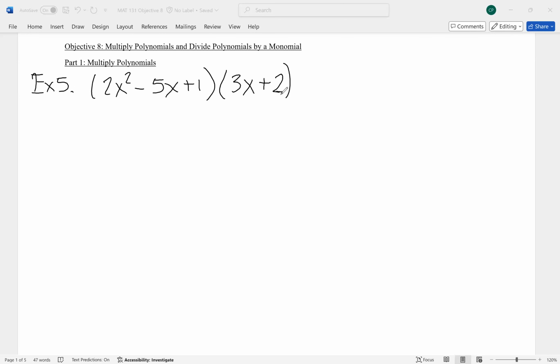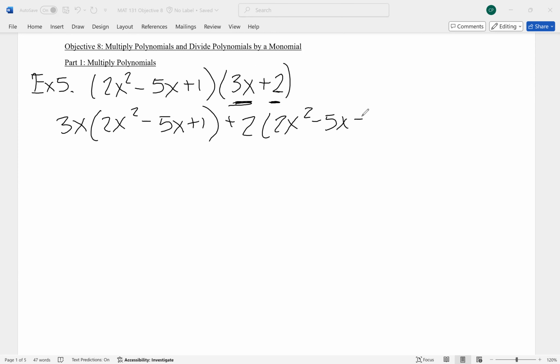So in the same way we did the FOIL, I would recommend to take the one with the 2 terms and then multiply the bigger polynomial by the smaller polynomial per se. So I would take the 3x and multiply it by everything in here. And then I'll take the 2 and multiply it by everything in here. Okay?